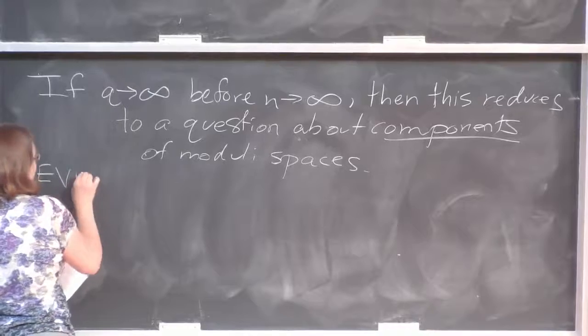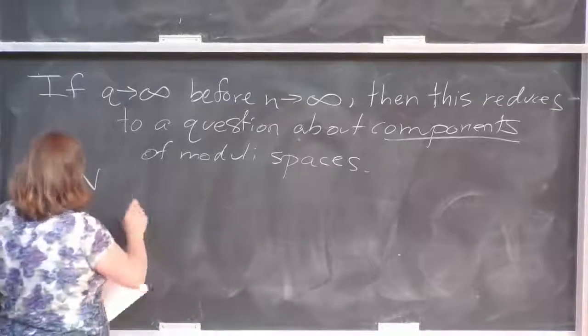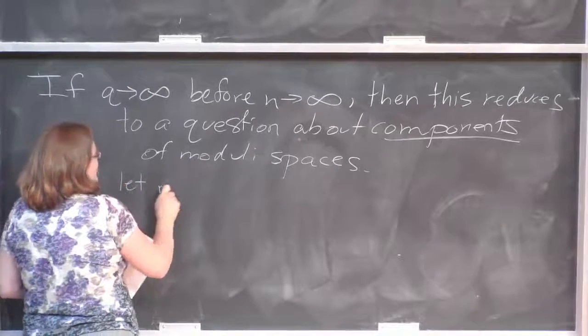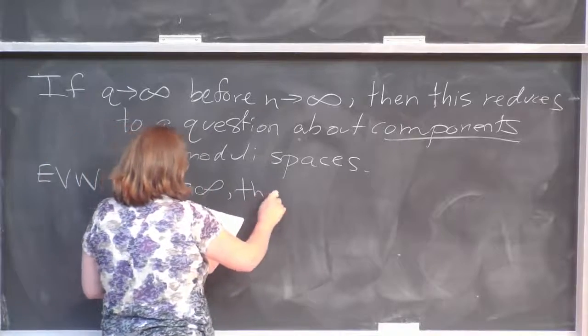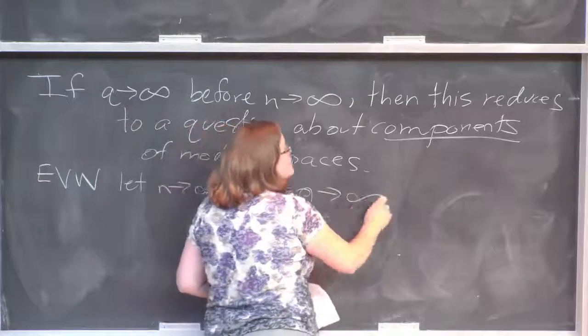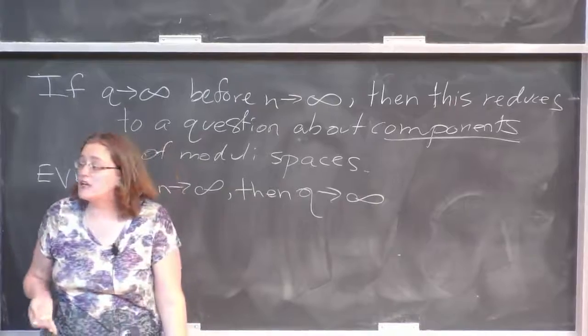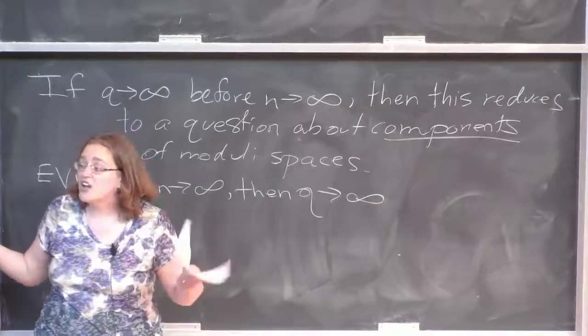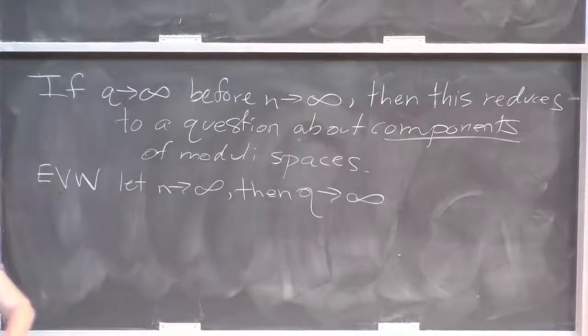Whereas in the work of Ellenberg, Venkatesh, and Westerland that I mentioned, where you let n go to infinity, then q go to infinity, you have to know much more detailed information about the topology of these spaces, not just their components, their H0, but you need to know about their H1 and their H2 and their H3.